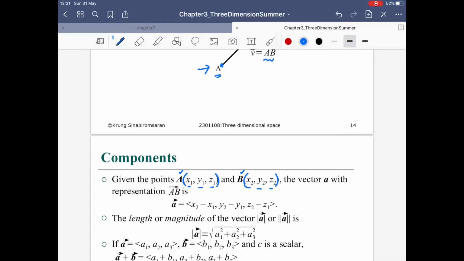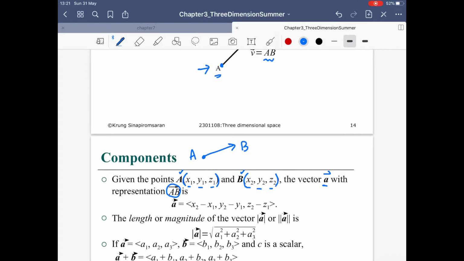The vector has an arrow on top, AB, which represents the one that starts from A and terminates at B like this.